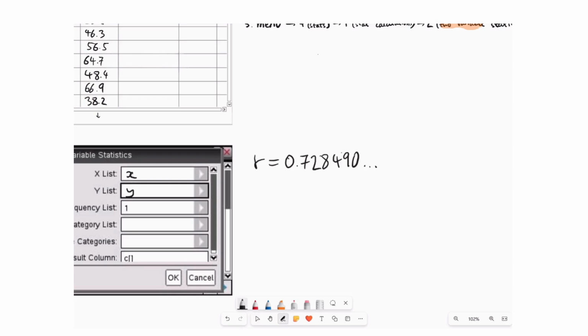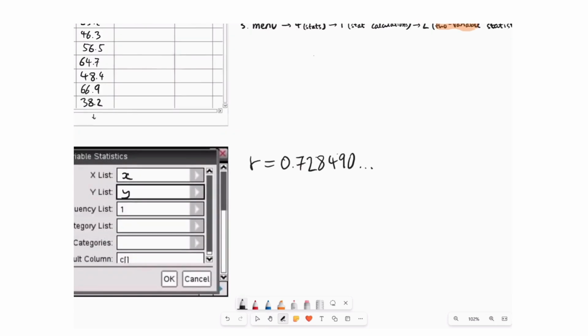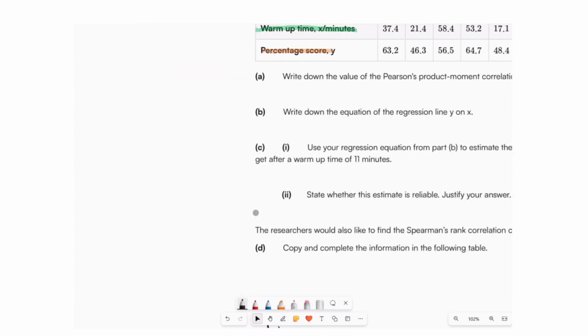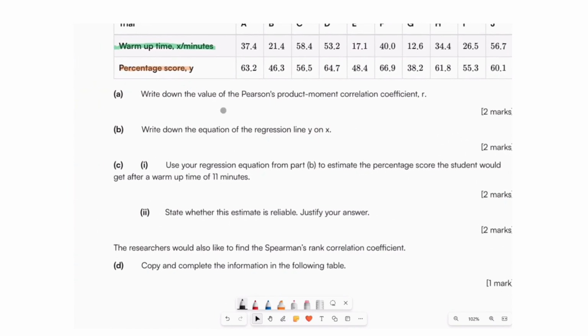Now, because this is IB math, you always want to round it to 3 significant figures, so we just have 0.728. Now, here it says write down the value.